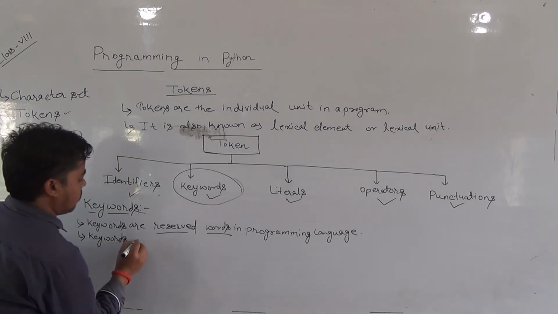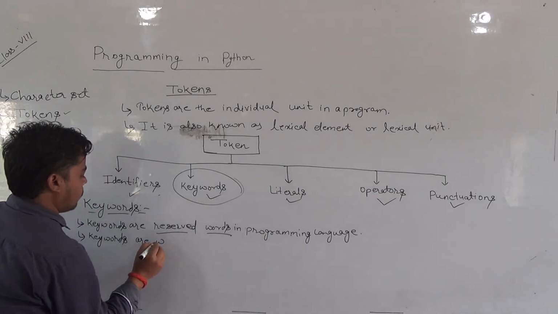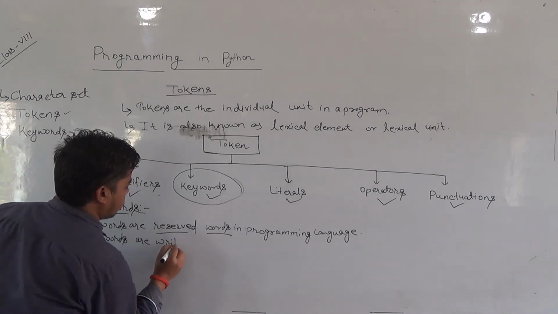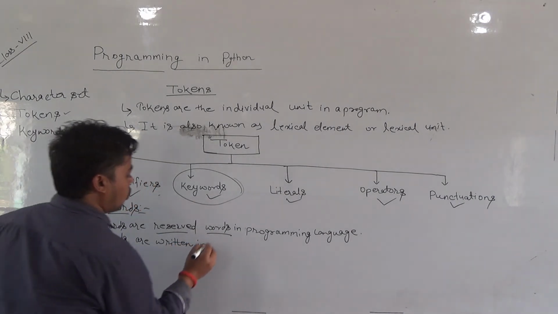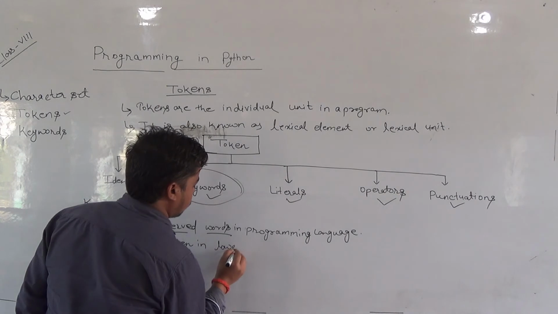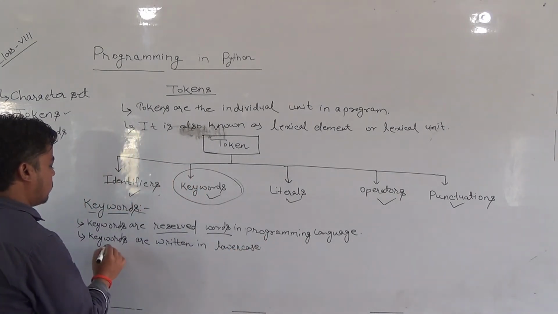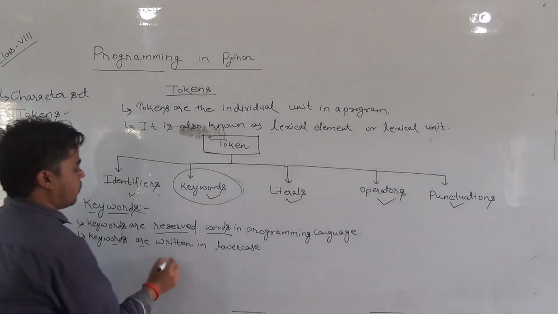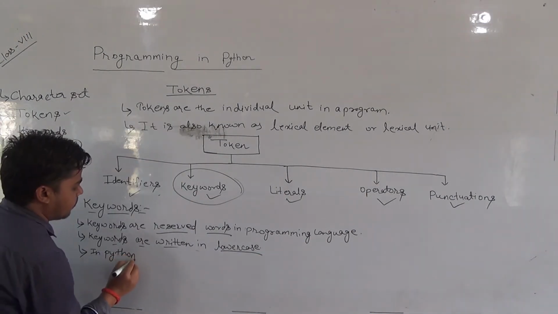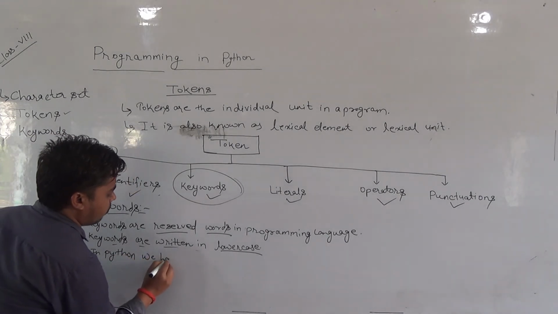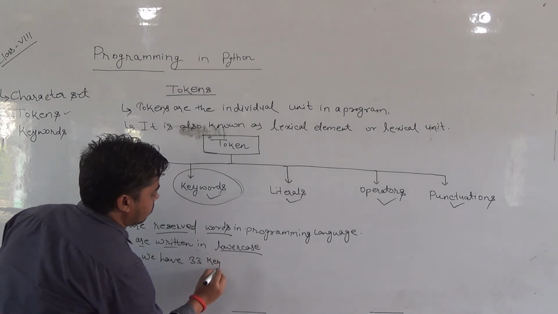Next, keywords are always written in lowercase. Whatever keywords we have in a programming language, all those are written in lowercase. In Python, we have 33 keywords.